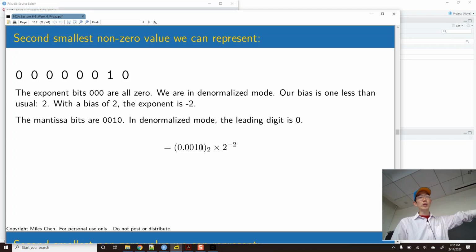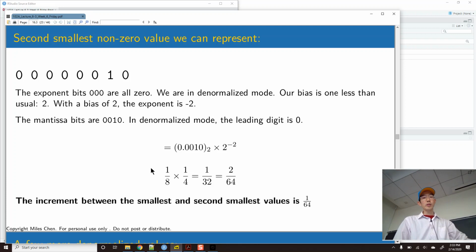This is 0, 0, 1, 0, so that becomes 1/8 times 2 to the negative 2. 1/8 times 1/4 is 1/32, or 2/64. So we are incrementing from 1/64 to 2/64, and the increment between the smallest and second smallest values is 1/64.